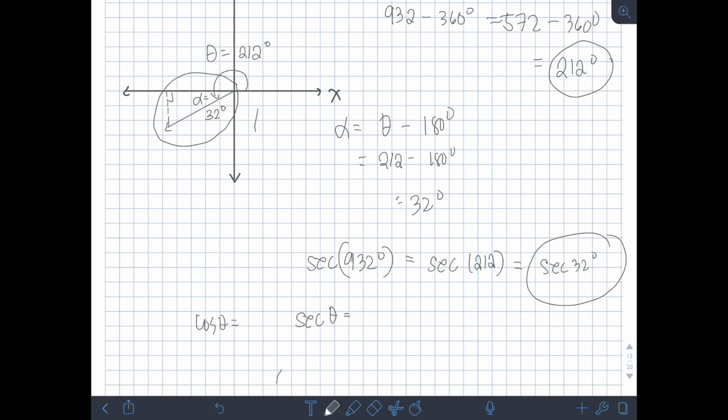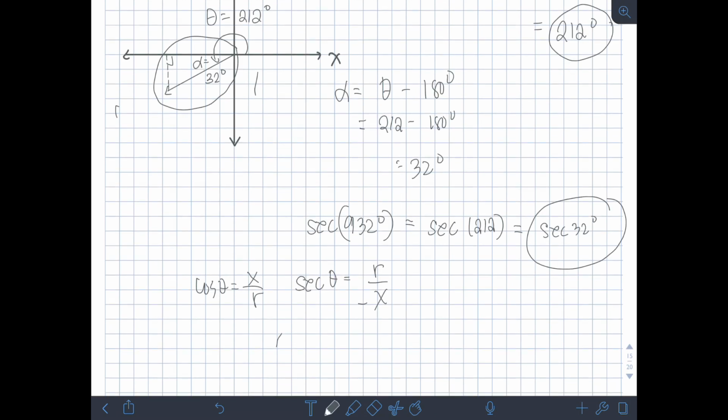Yung cosine theta natin ay x over r. So, parang r over x. So, since nasa third quadrant tayo, si x ay negative sa third quadrant. So, therefore, expect natin nung value natin dito sa secant theta is negative. So, parang negative secant of 32 degree. So, ito yung representation natin in terms of reference angle natin for secant 932 degree.